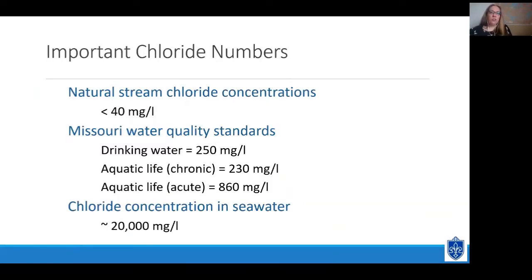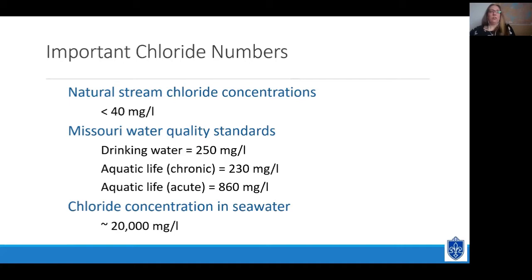Now, before we move on into the work that I've been doing, I wanted to give you a few relevant numbers to keep in mind. Natural chloride concentrations for streams in much of the United States are less than 40 milligrams per liter. There are definitely exceptions to this, and those are generally based on the geology of the area. Every state sets their own water quality standards for different water uses, and then those are approved by the US EPA.